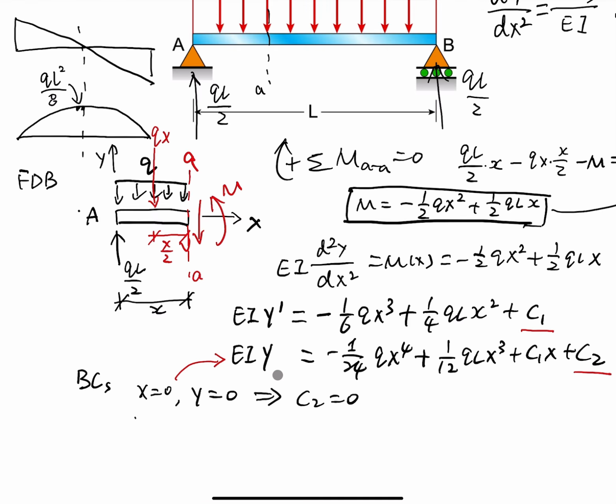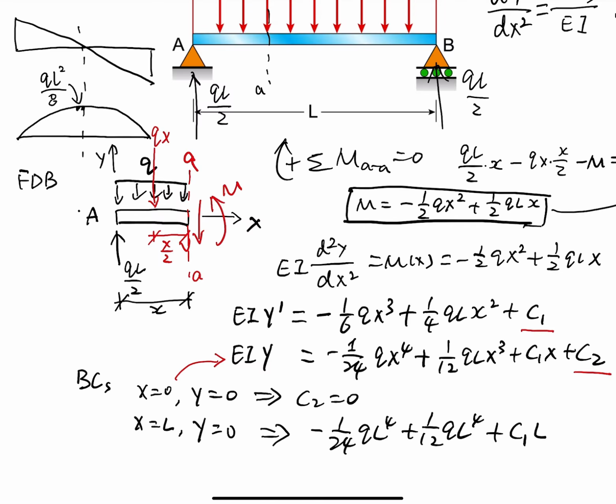The second boundary condition is x equal to L, y equal to 0. So this is the second equation, and we plug in to this equation. We have 1 over 24 q L to the fourth plus c1 L equal to 0.